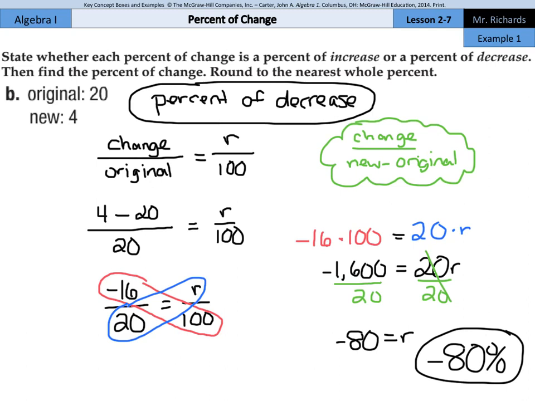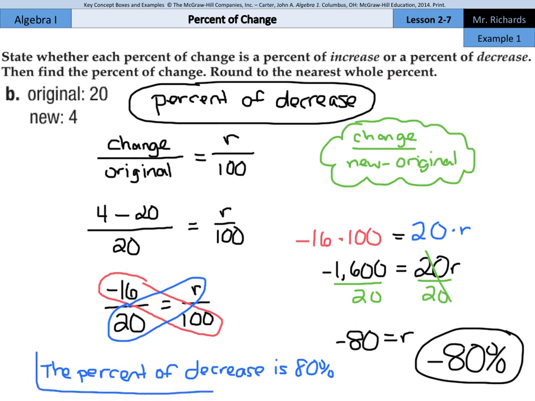Now to get technical here, it is a percent of decrease. The percent change was negative 80%. If you were to write this in a sentence, though, you would say the percent of decrease is 80%.